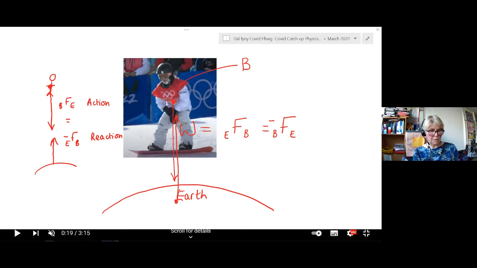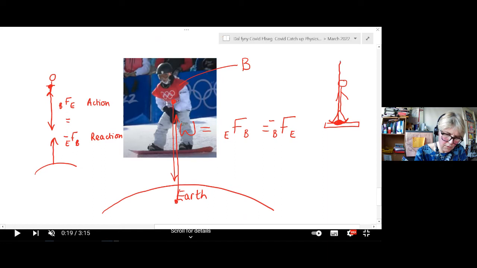So now you're probably going to ask yourselves, well, what about that contact force? Well, the contact force, if I draw it over here, because it's going to get a little bit too messy. Here we are, he's here on his snowboard, getting ready, and the contact force is from wherever he is touching the snowboard, upwards.